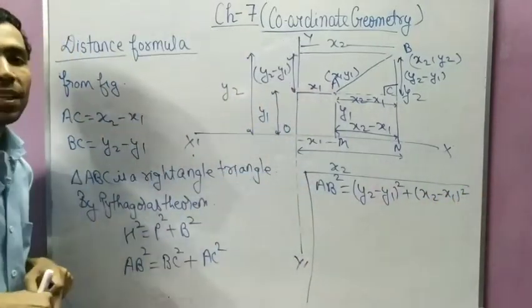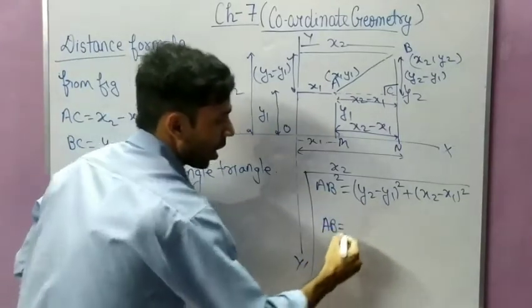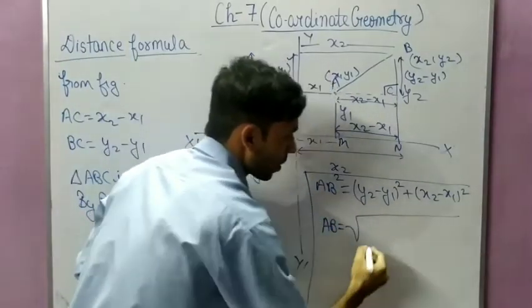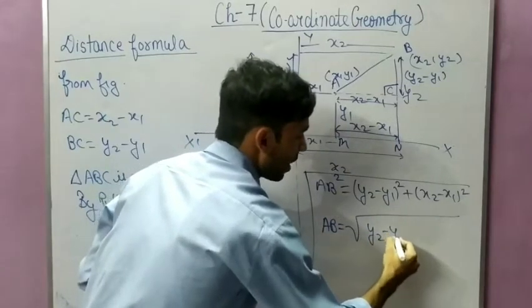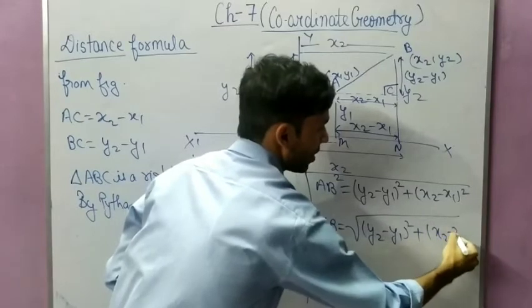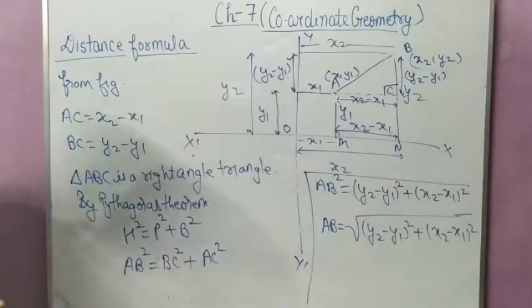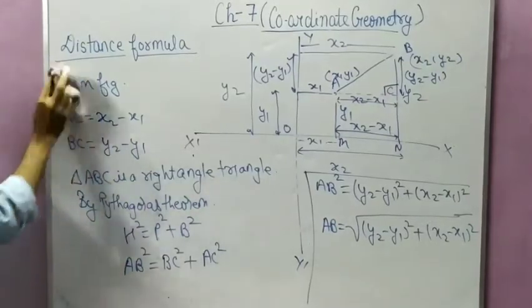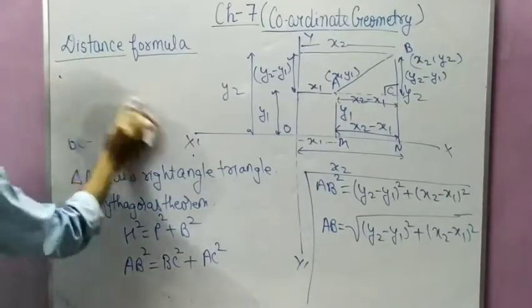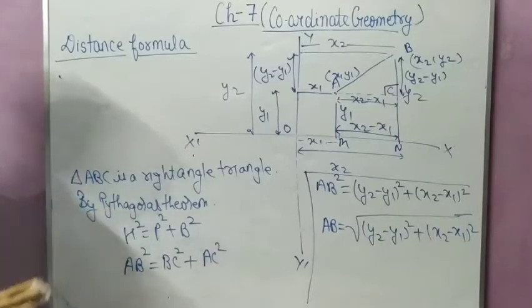So if we have to find the value of AB, AB will be equal to under root y2 minus y1 whole square plus x2 minus x1 whole square. Now I can erase this part, student, because I think this part you have clear. Okay, so please note it down. After that I will erase.